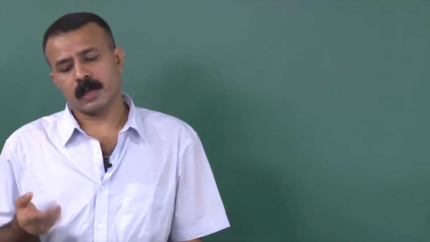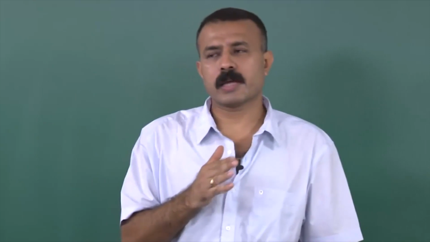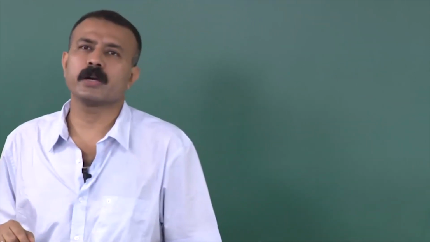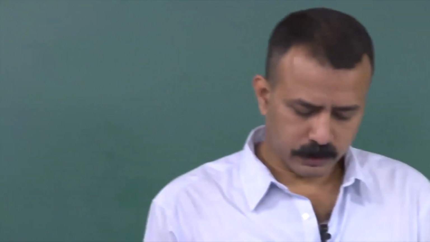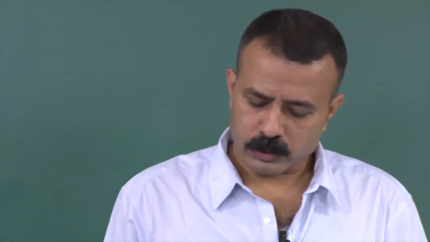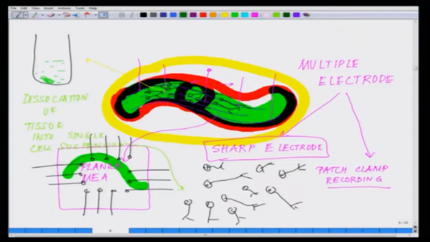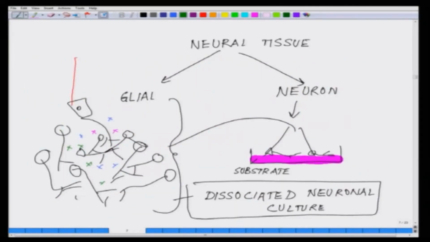The drawback is this. I told you that in the previous slice preparation, the cytoarchitecture is maintained. In other words, the circuit is all maintained there. The circuit is not getting destroyed. But here, once you dissociate everything, there is random connectivity.